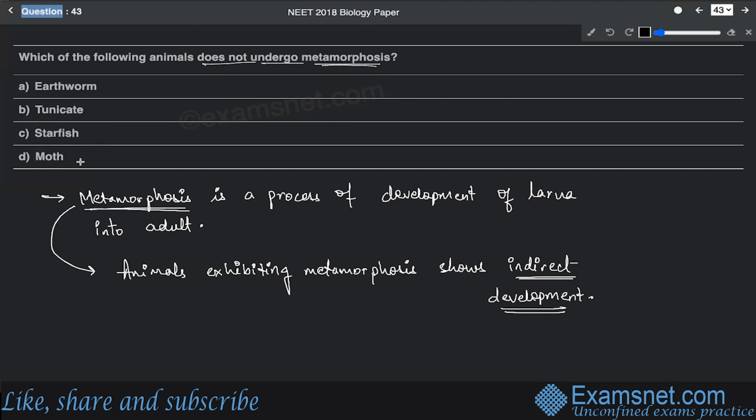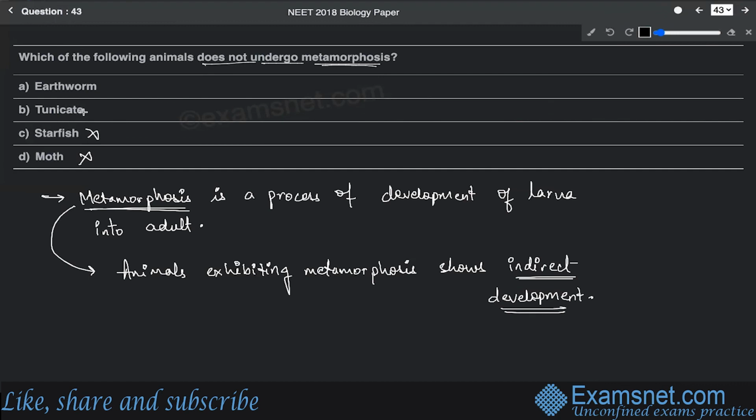Moth we all know is a category of insects, so definitely this won't be an option. Starfish is a member of Echinodermata, and in the members of Echinodermata the process of metamorphosis occurs. Various kinds of larval stages are seen over there. So again, this also won't be an option.